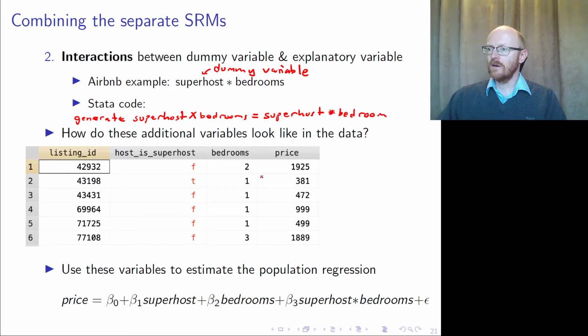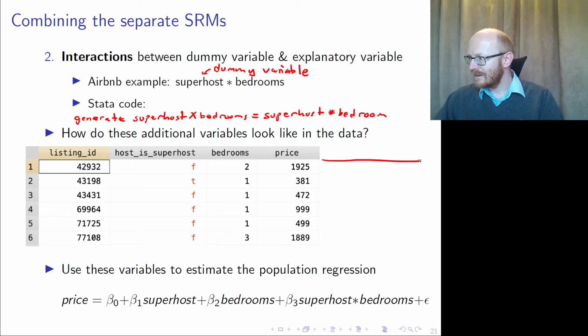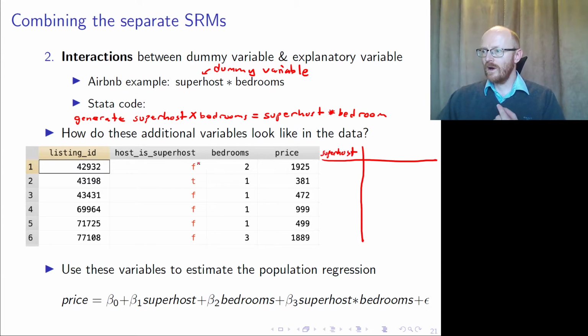So how do these variables actually look in the data? After running these two code snippets, we would have the superhost variable here, and it would just be 1 if the host is superhost variable is true.